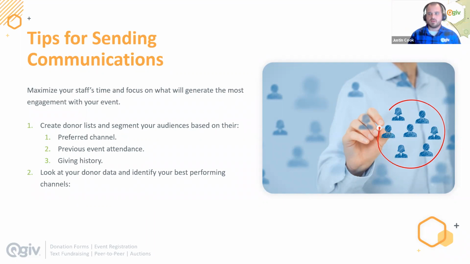You can also look at your donor data outside of building these lists to identify the best channels for your nonprofit. Do direct mail, phone calls and flyers perform better, or does the more digital approach work, like email, text message, and social media? So make sure that you're focusing on these efforts and segmenting these communications to each audience that you have.